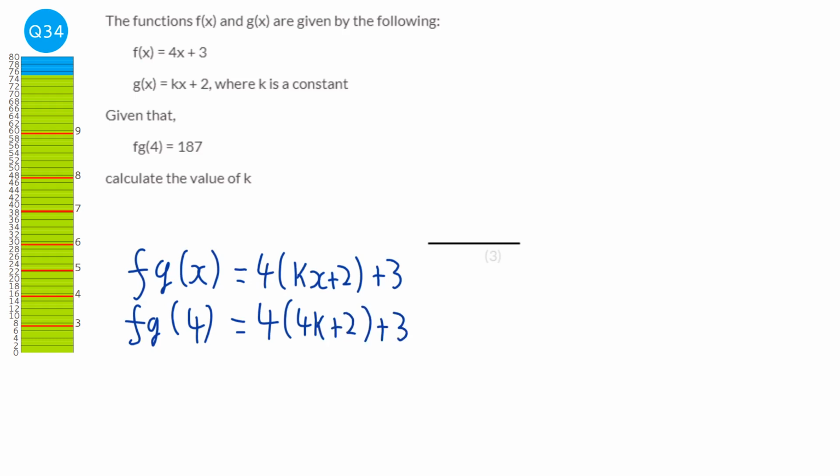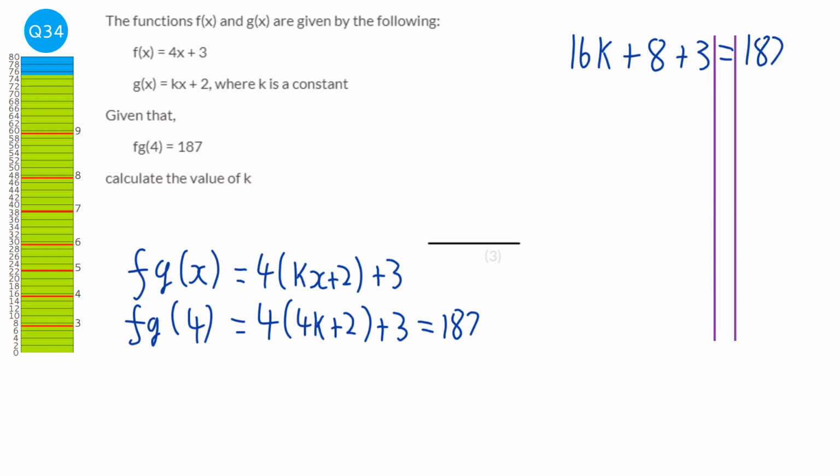And it says that that will equal 187. So we've actually got something we can solve here. I'm just going to rewrite that, but I might expand the brackets as well while I'm at it. So 4 times 4k is 16k, 4 times 2 is 8, plus 3 equals 187, and let's get our solving lines in.